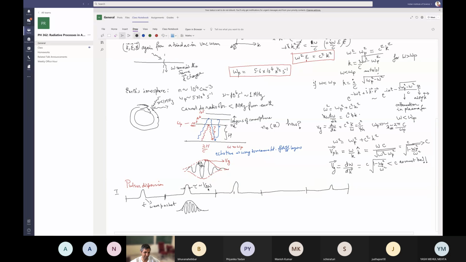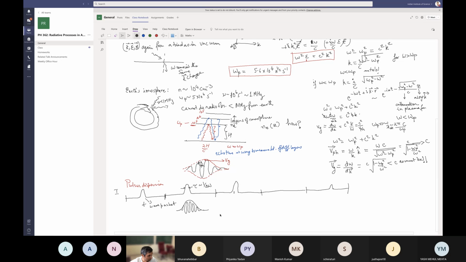The bandwidth and the duration of this pulse are inversely related. So the longer the pulse, the smaller the bandwidth. When we consider infinite plane waves, their delta omega is 0 because you only consider a fixed omega naught. So this is sort of a pulsar electric field, for example.